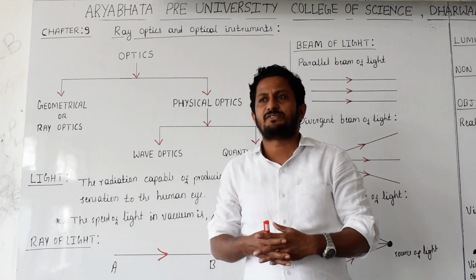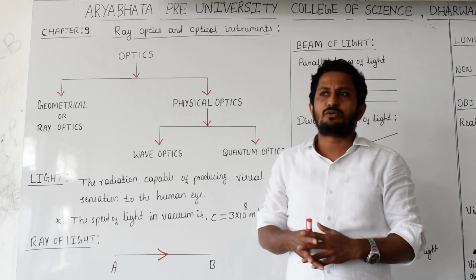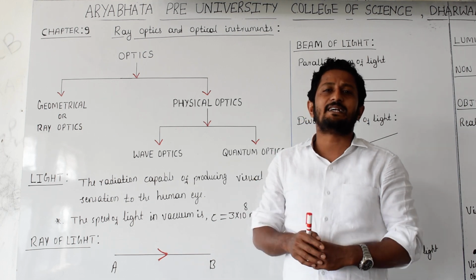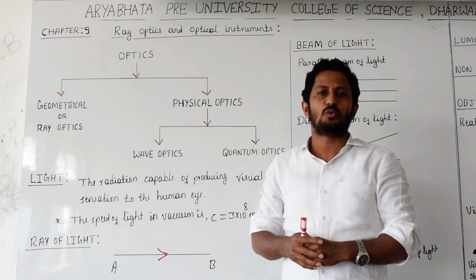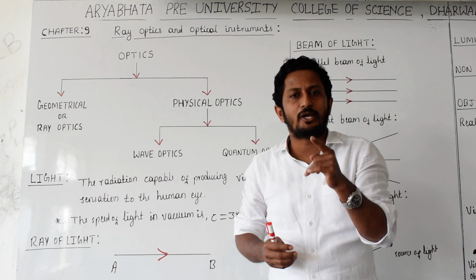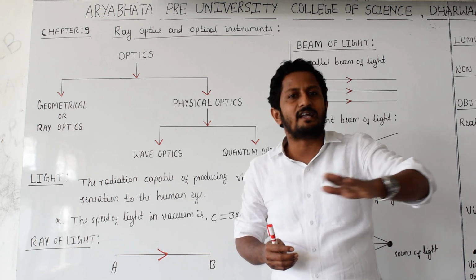According to observation, what we can say is that emitted light radiation from any source, while propagating, is going to occupy a straight line path.